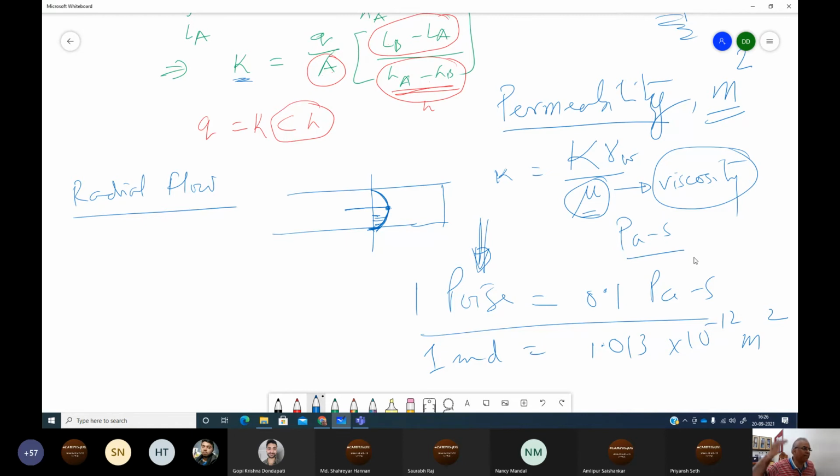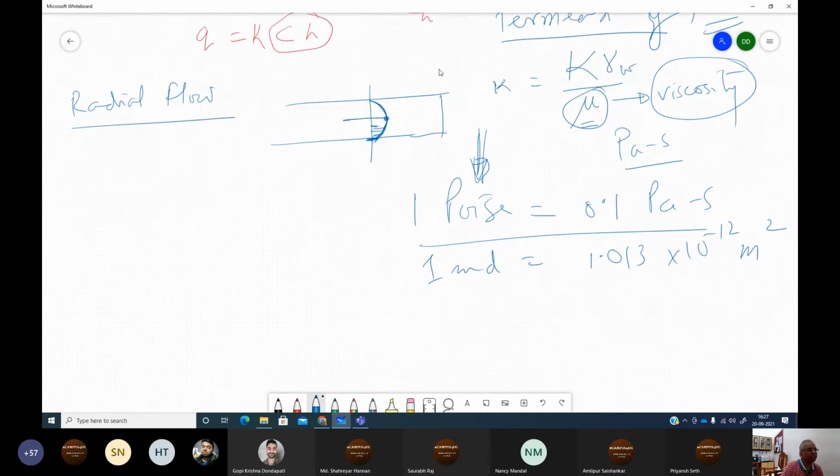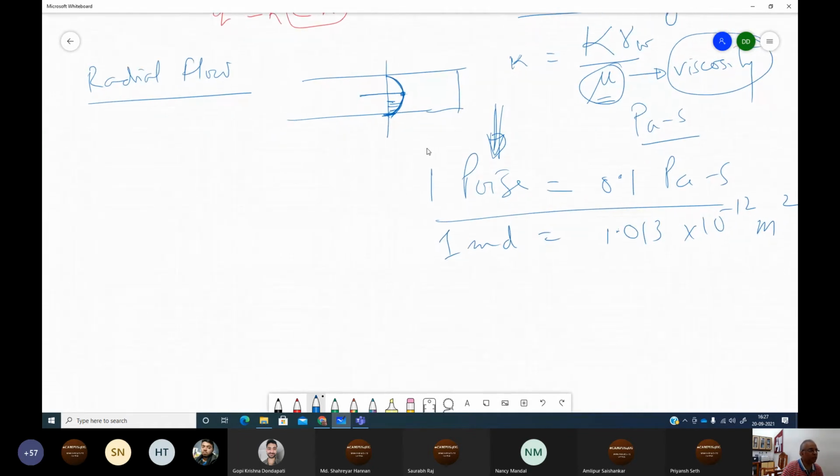And if you go further down, then you are going to an impermeable layer. The fluid, or the water, will not flow. So is that clear about the units? Because you must always understand the units. Otherwise, sometimes we confuse what we are talking about.